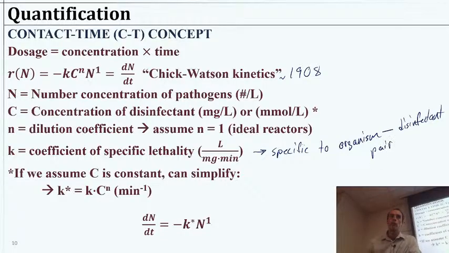So this would be different between chlorine and noroviruses versus chlorine and E. coli versus chlorine and rotaviruses. Each of those would have their own coefficient of specific lethality.